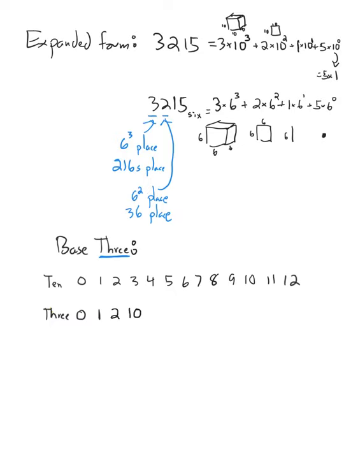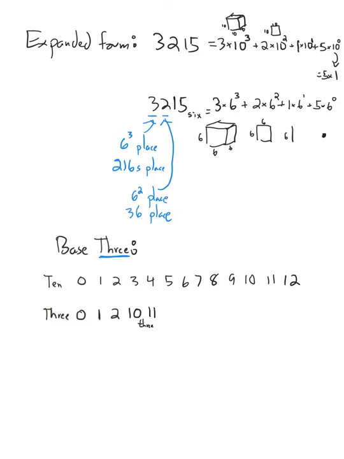So 3 in base 10 is the same as 10 in base 3. And I'm not going to write the subscript down here for the other ones, just in the interest of space. So the next one's going to be 1 three and 1 one.